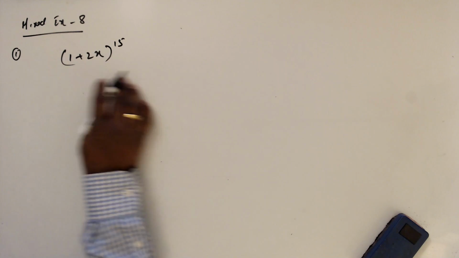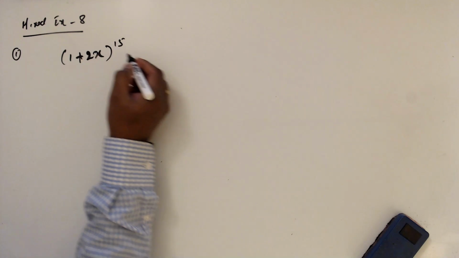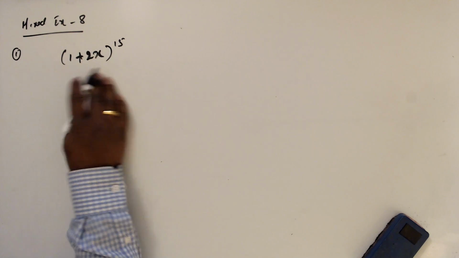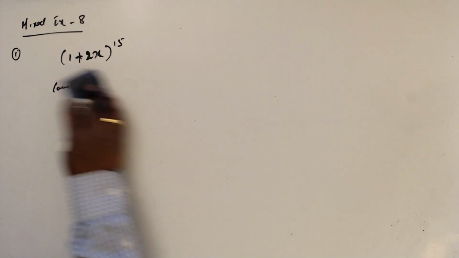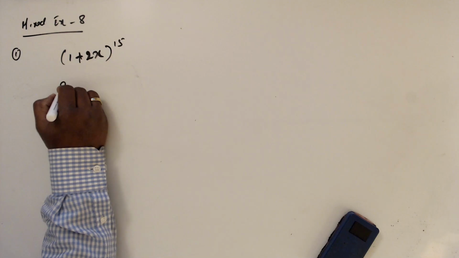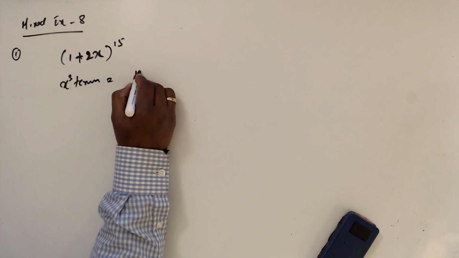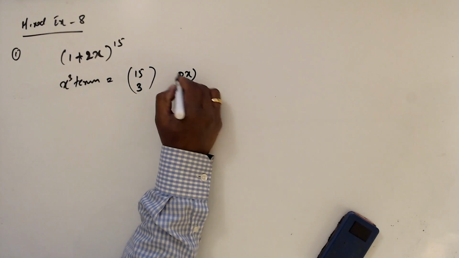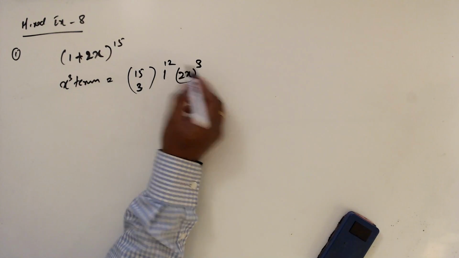We want to find the coefficient of x cube in (1 plus 2x) to the power 15. First of all, write the x cube term. 15C3 times (2x) cube, and 1 to the power 15 minus 3, 12.